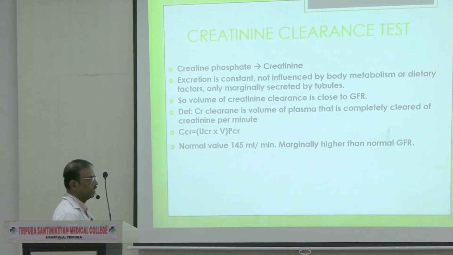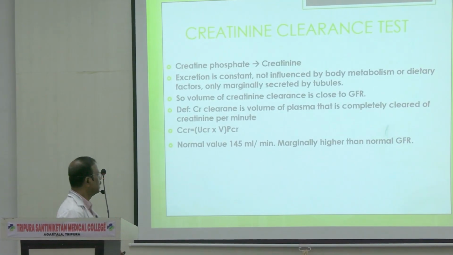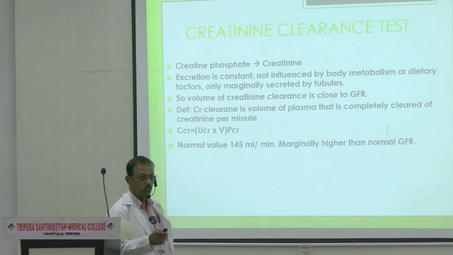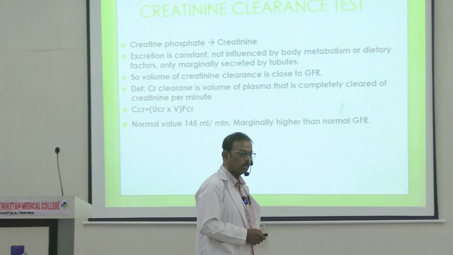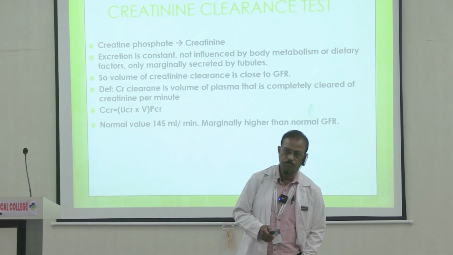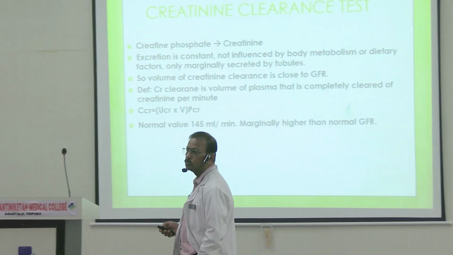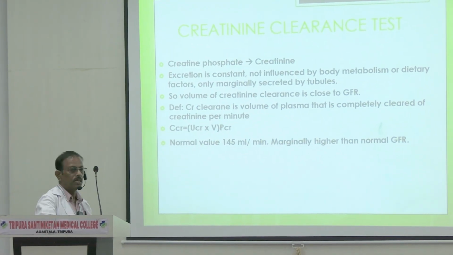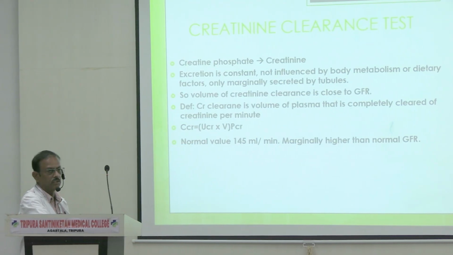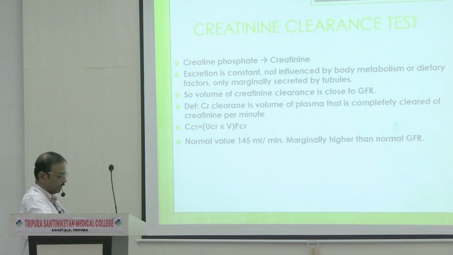Normal value of creatinine clearance is 125 ml per minute. Normal value of GFR is 120 to 125 ml per minute. So it is close to the normal value. That's why frequently creatinine clearance test is utilized for renal function test.